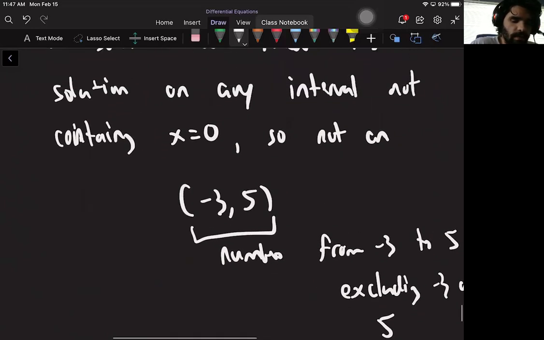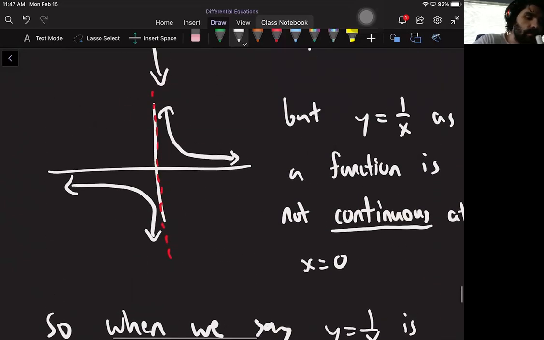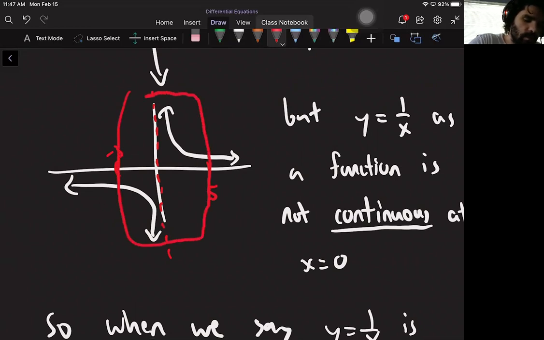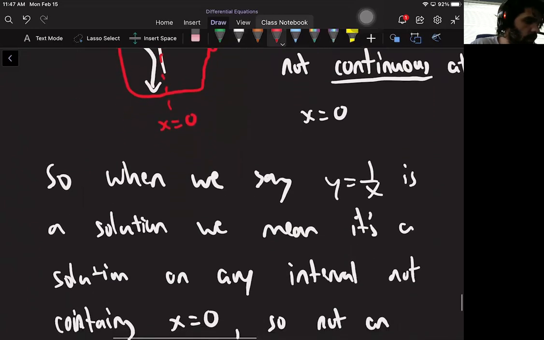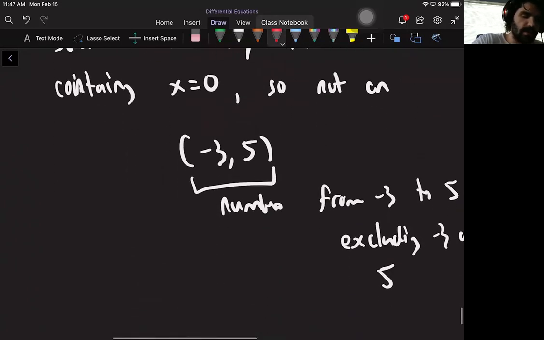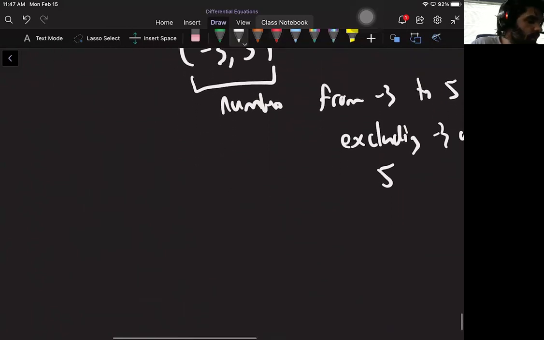So for example, if I go from -3 to 5, so I'm just zooming in only on this portion of the function, well, then it's not a solution because it has this bad point 0. And so what we want to do is say the biggest intervals where it is a solution instead.